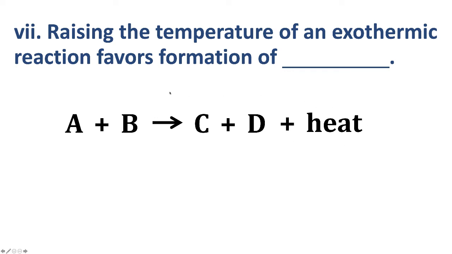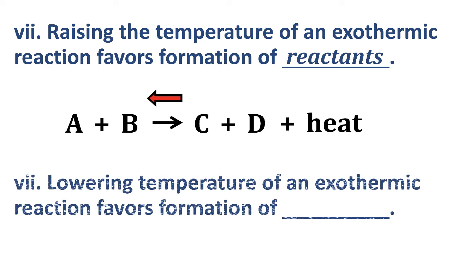And so our system is A plus B makes C plus D plus heat, and raising the temperature means you're adding heat to the overall system. That's adding essentially a product. And so if we add a product, the system wants to use up product and make reactant. So the reaction goes to the left and it favors formation of reactants.